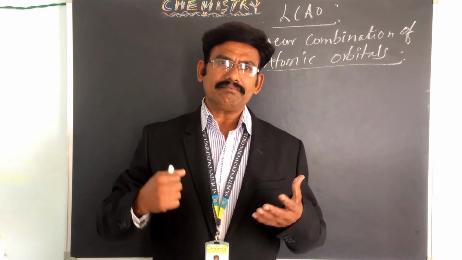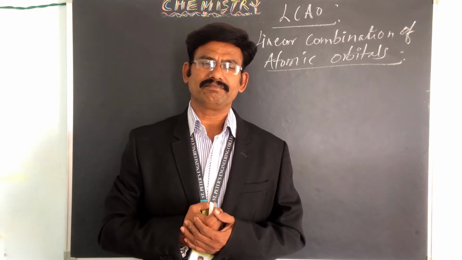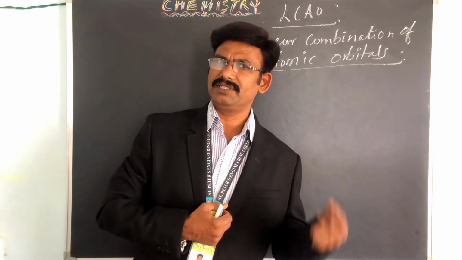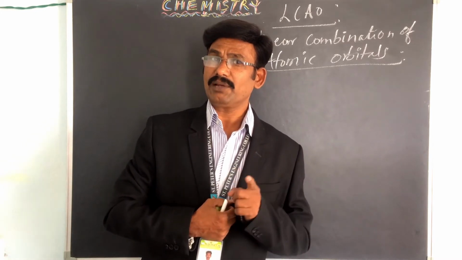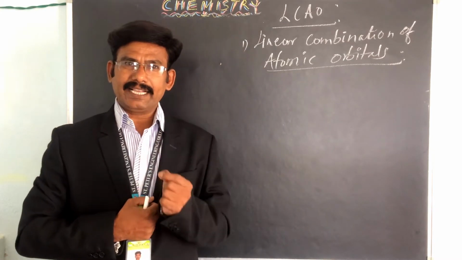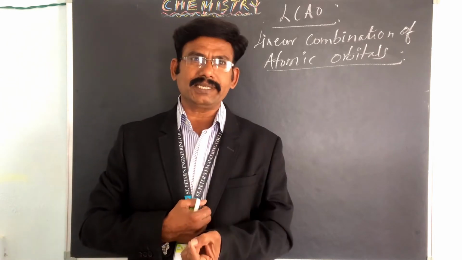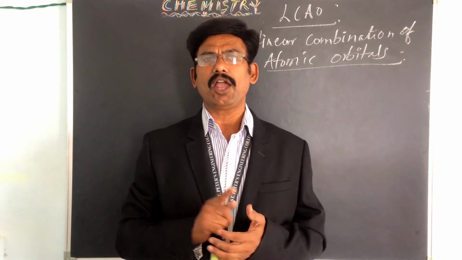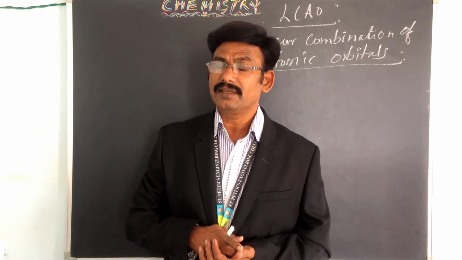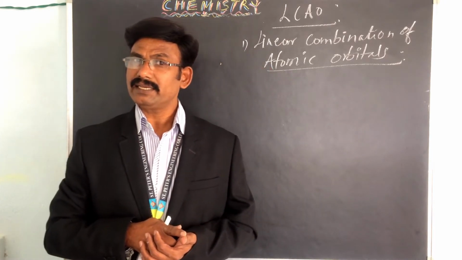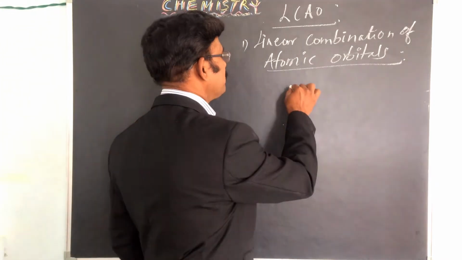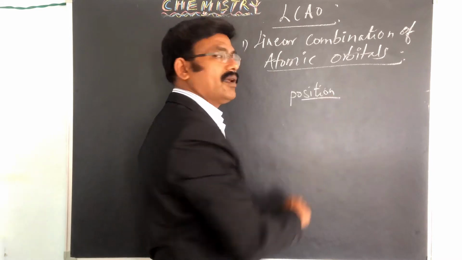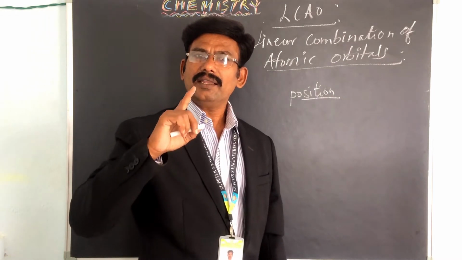According to quantum mechanics, which we studied already in the intermediate, the exact position and momentum of an electron cannot be determined accurately. Isn't it?